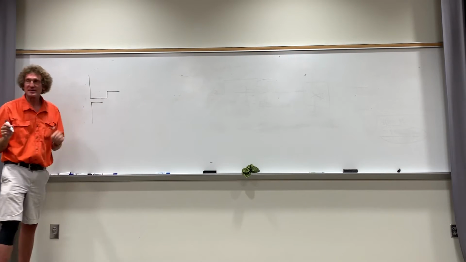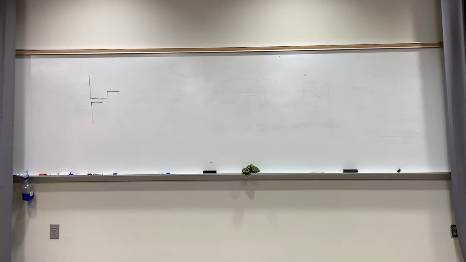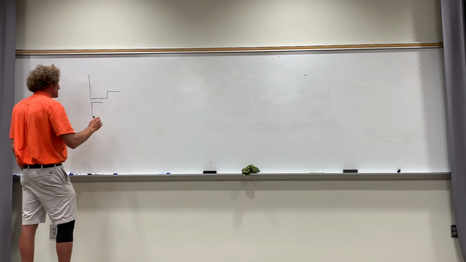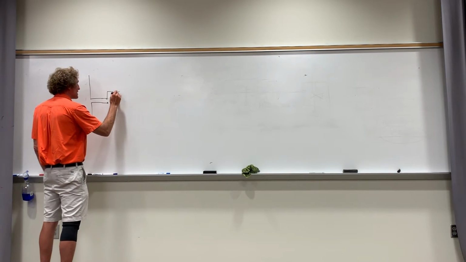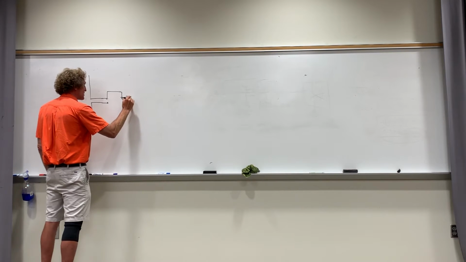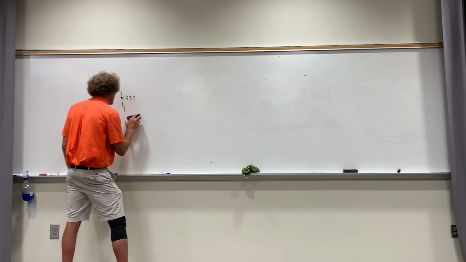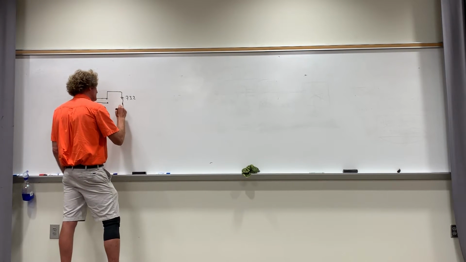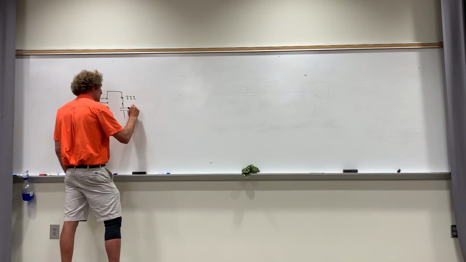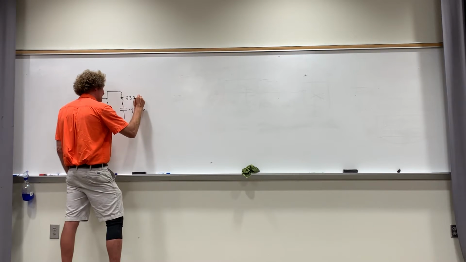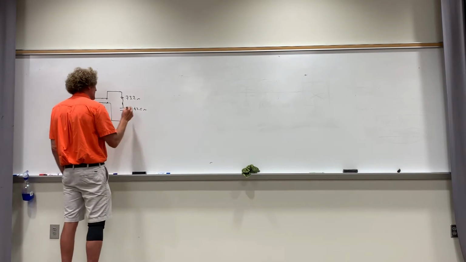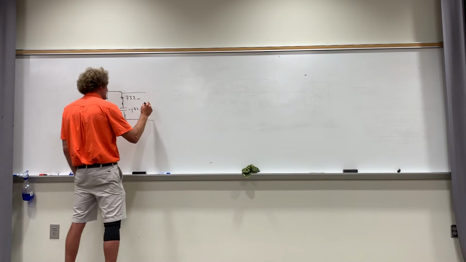So read the problem. Consider a lossless half-wave dipole antenna, if the antenna is delivering 1 milliwatt to a matched load. That's all I need. So now they're saying that the load here is actually 73.2 minus j42.5 ohms, and this is absorbing right here.